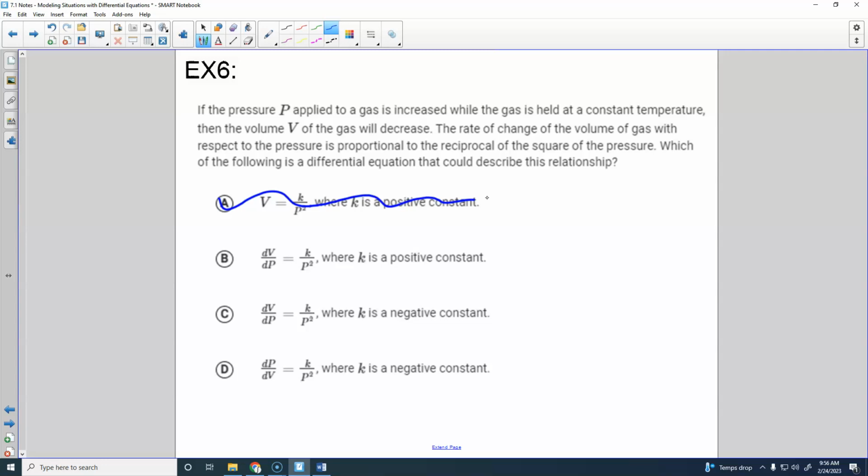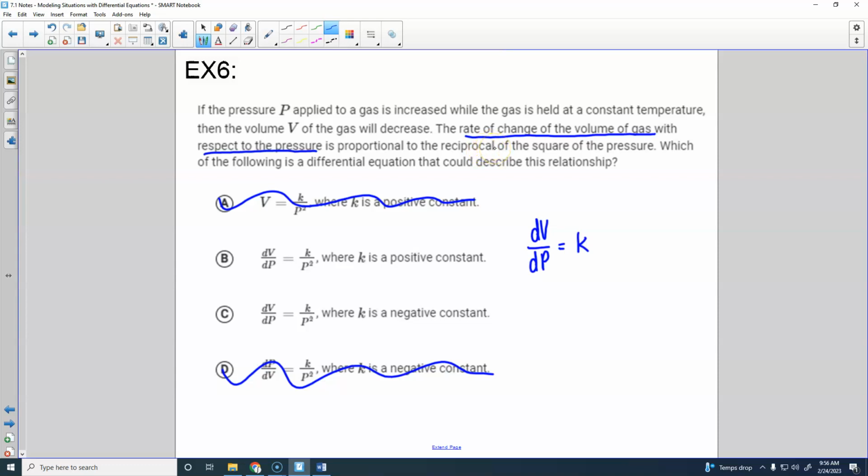The rate of change of the volume of gas with respect to the pressure is proportional to the reciprocal of the square of the pressure. So, rate of change of the volume of gas is dV with respect to pressure, dV/dP. So, D is out because it's got dP/dV. Is proportional to the reciprocal of the square of pressure.